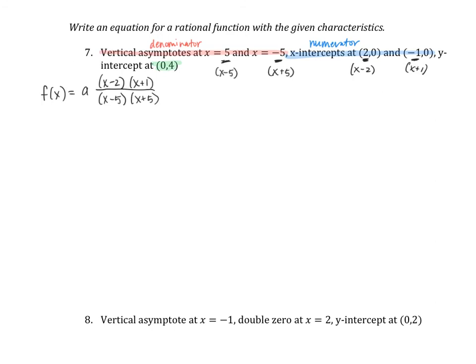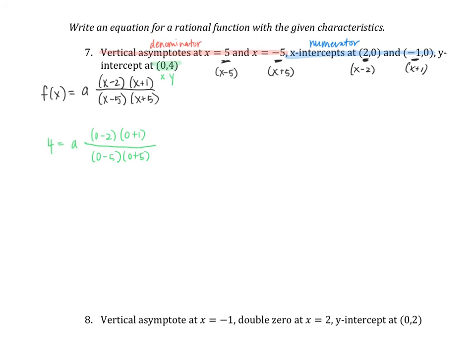So this gives you an x value and a y value, and you're going to plug that in and figure it out. So y is 4 equals a times x is 0. So 0 minus 2, 0 plus 1, 0 minus 5, 0 plus 5.